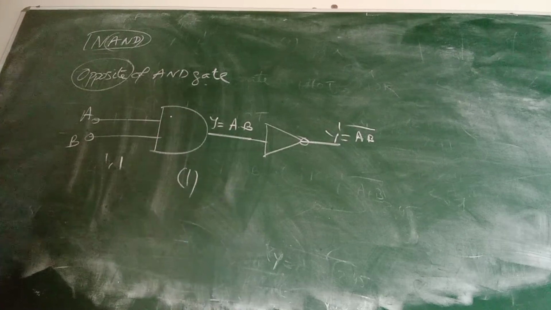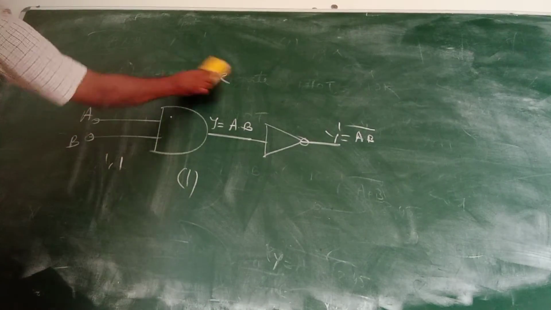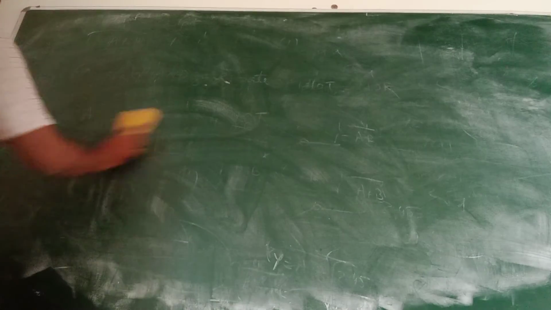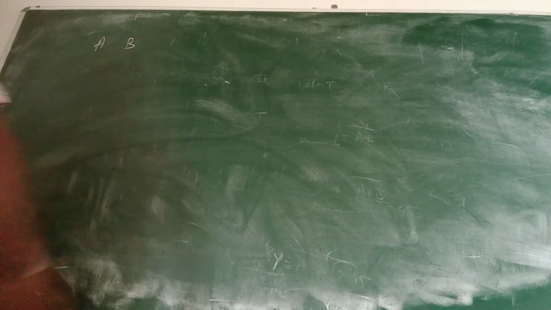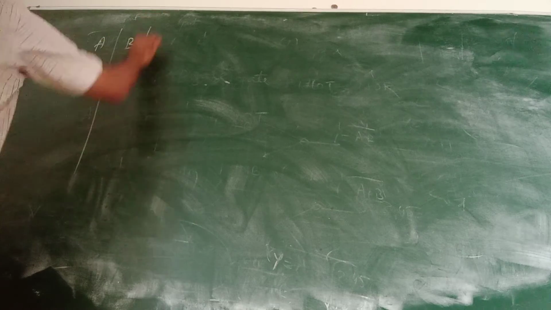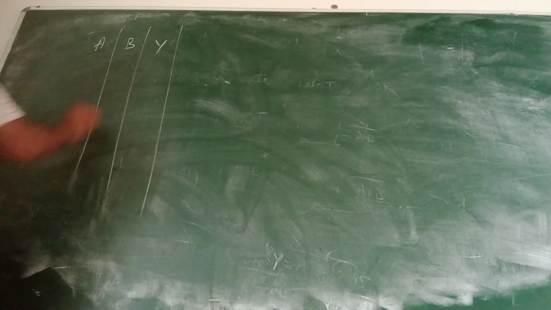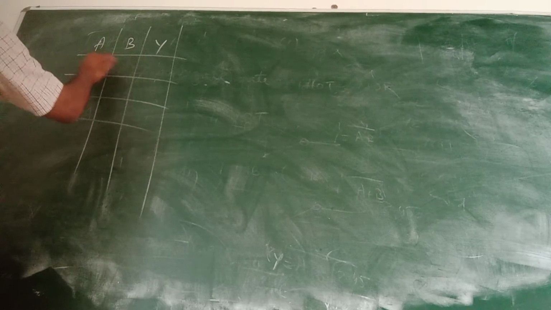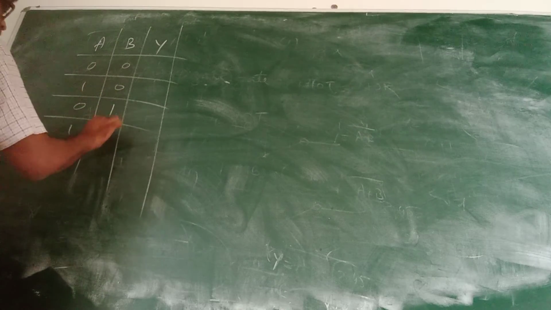So let us draw the truth table now. Look here. This is A, this is B. I am drawing the truth table for AND gate. So what are the possibilities? We have 4 possibilities: 0, 0, 1, 0, 0, 1 and 1, 1.